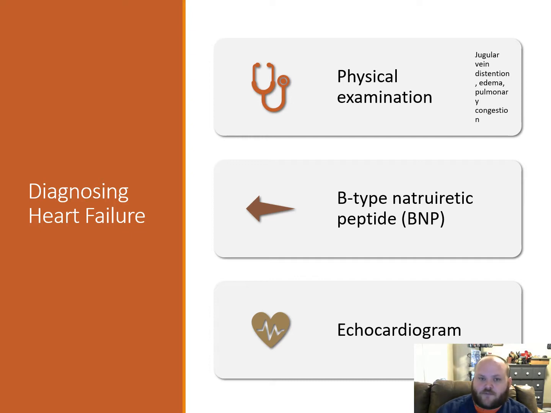BNP levels will always be elevated in patients with heart failure, making it a very effective tool in confirming a diagnosis of heart failure. Echocardiograms are used to determine the ejection fraction, as well as to visualize the ventricles, wall thickness, and any heart defects, making it an essential component to a diagnostic workup for heart failure.